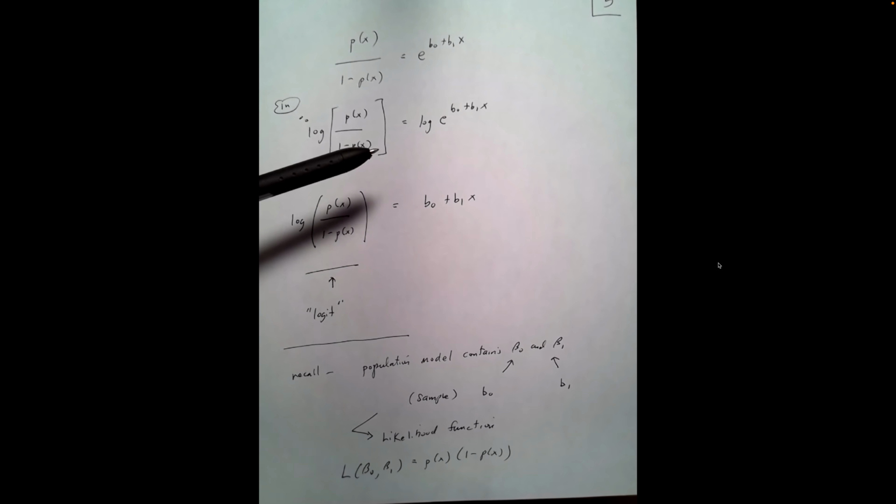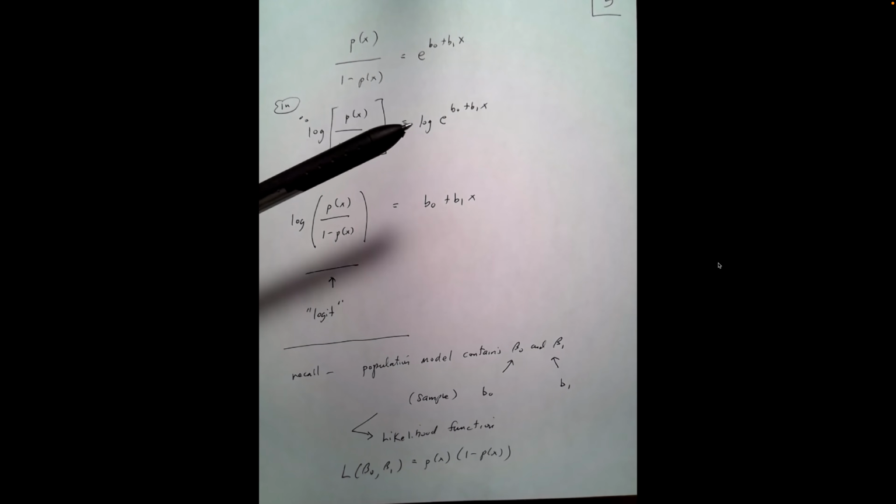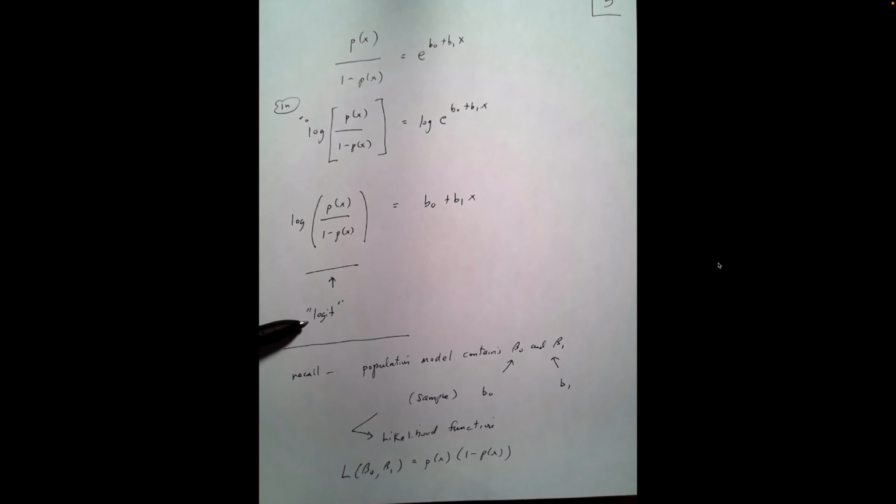Typically log is base 10, but not once you get to this level. Log is implied to be the natural log. So if you take the natural log of both sides, the natural log of e raised to the b0 plus b1x is just the exponent. And on the left, we have the natural log of the odds ratio. And we call this the logit function.